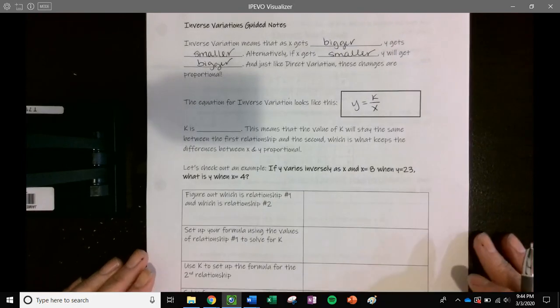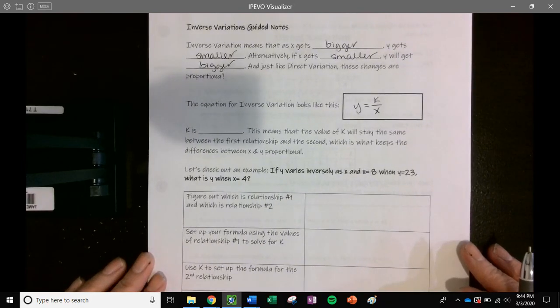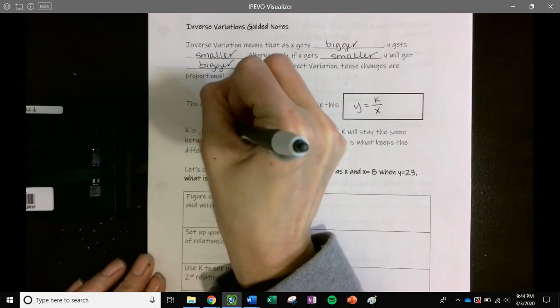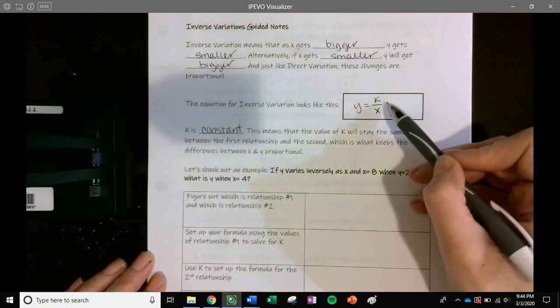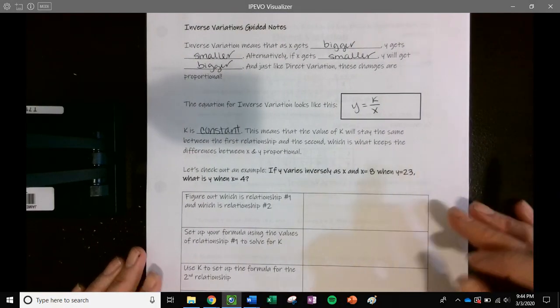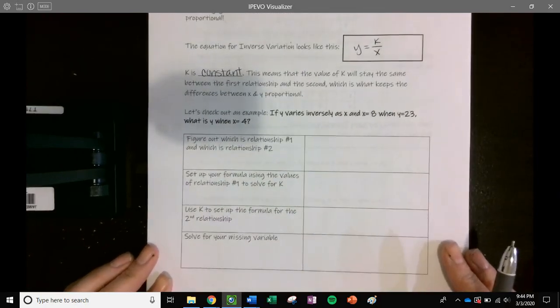Before we had k times x, and now we have k divided by x. Again, k is constant, so we are using the same number every time as our numerator, and that's what keeps everything proportional. So these get set up the exact same way as direct.